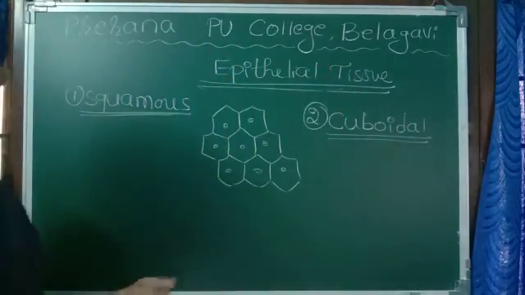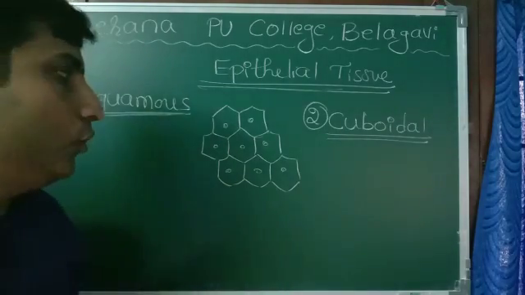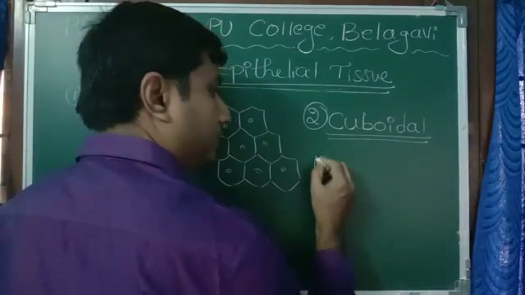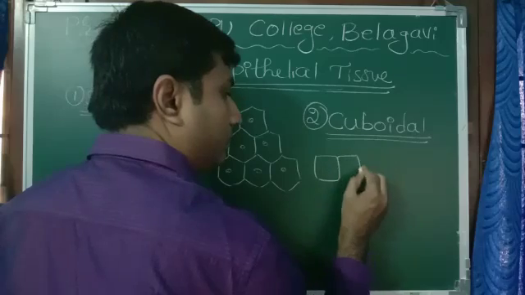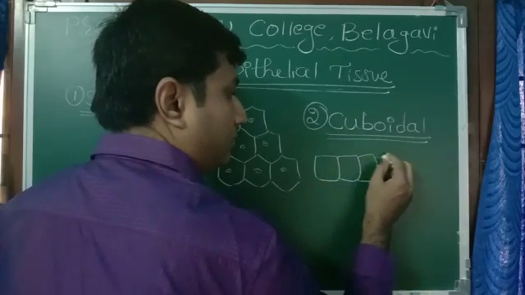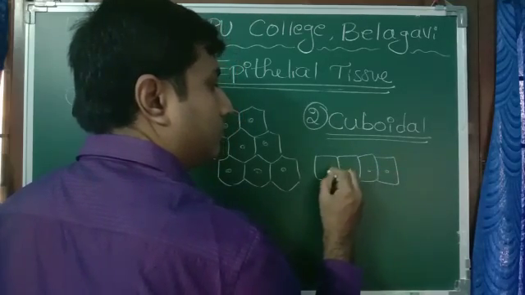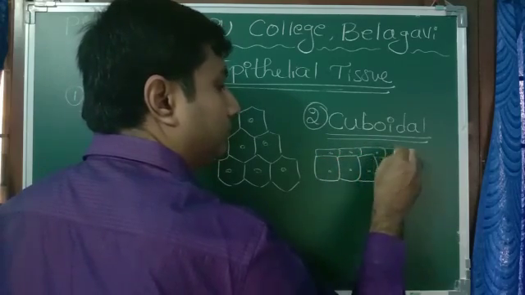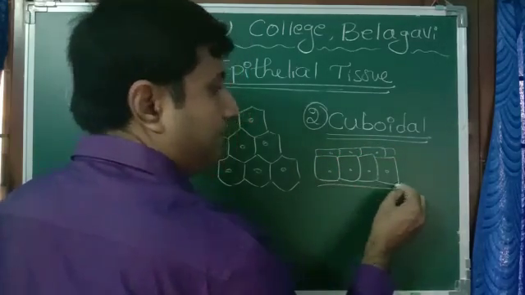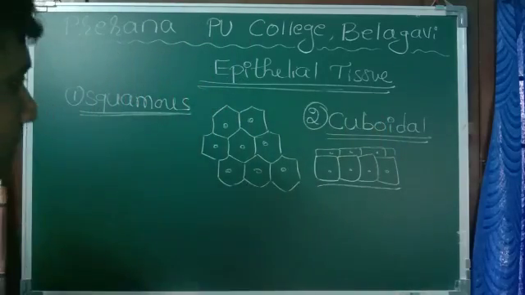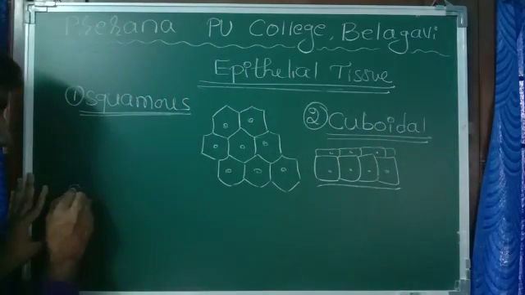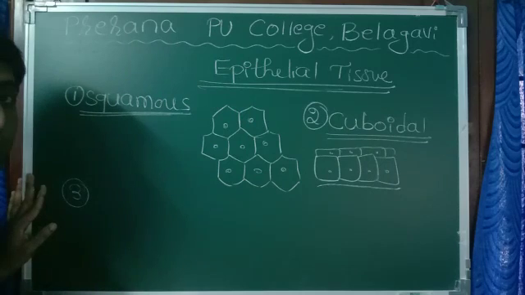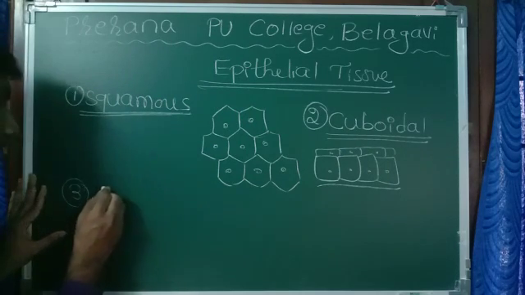Cuboidal epithelium means the cells are cube-like. Generally they lie on a basement membrane. Third one, columnar epithelium.